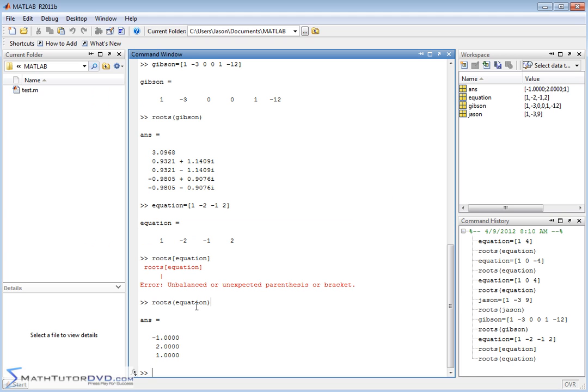The roots command is a very quick, fast way to do that. The only thing is you have to define the equation. You don't type it out 3x squared plus 2x. You have to give it the coefficients. MATLAB is basically a matrix sort of animal. So it's requiring the input to be in form of these numbers. And when you think about it, that's all that's needed to represent the equation, are these coefficients. And so the computer can understand what you're asking for and then quickly calculate the answer.